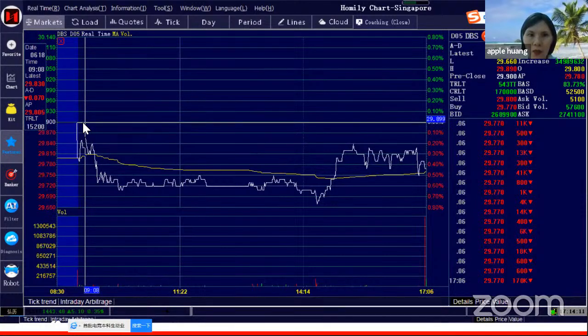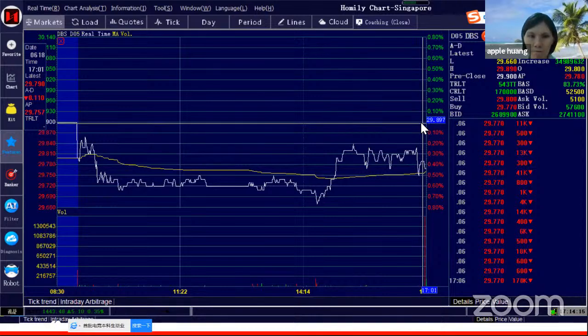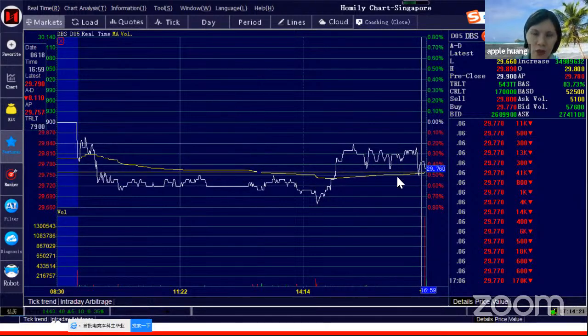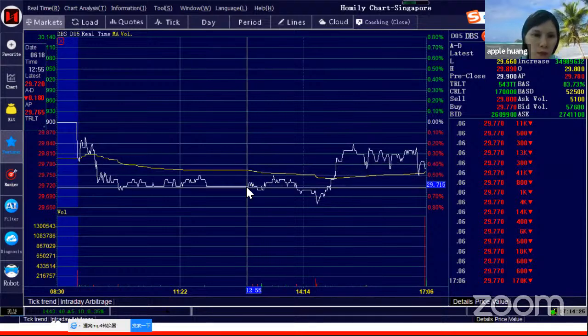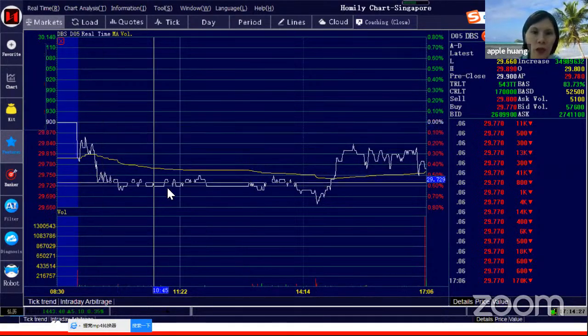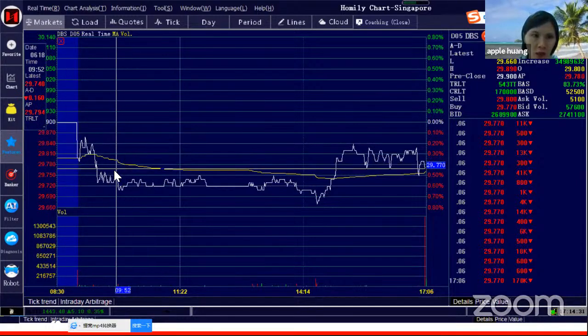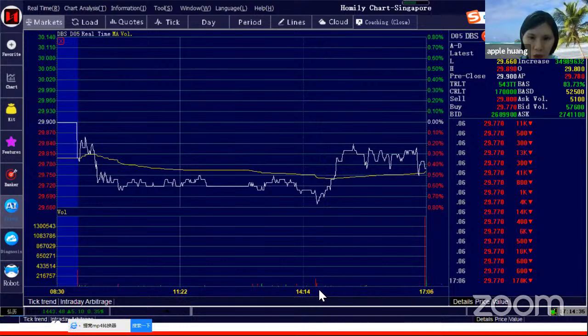If you do intraday trading, you can treat this yellow line as the moving average and follow the moving average to trade. Okay, so now we come to the tick chart.